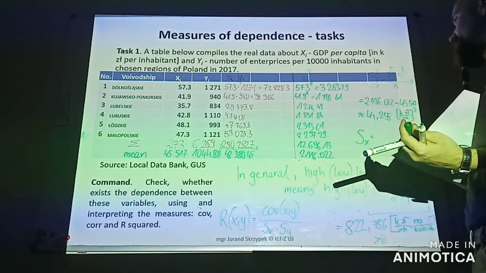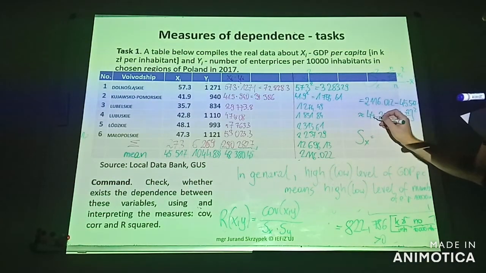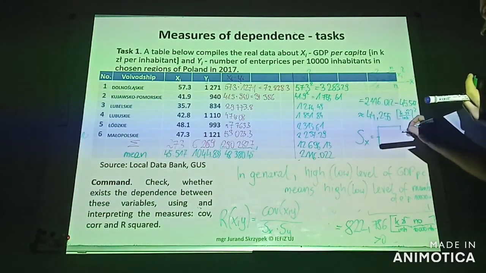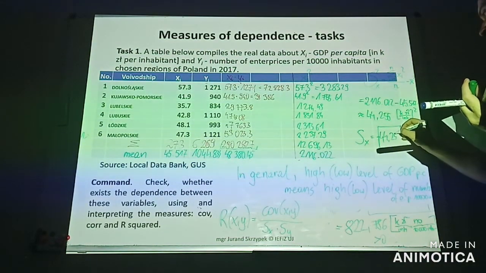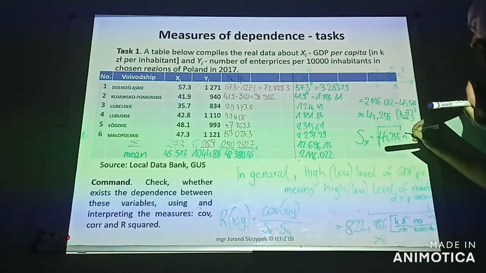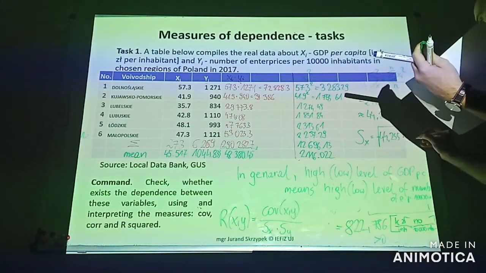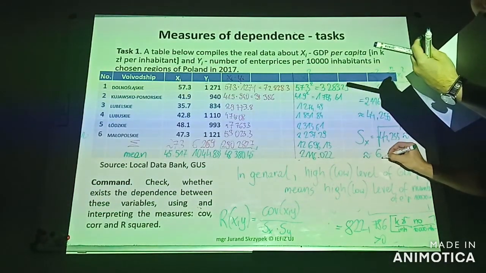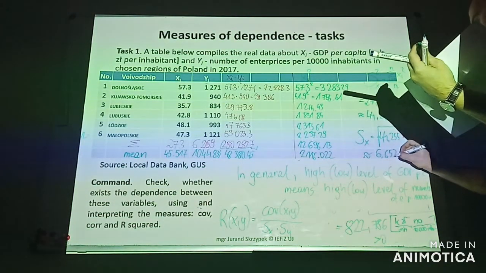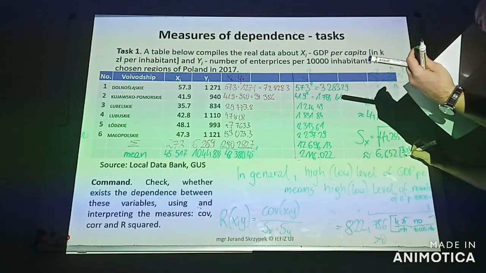finally standard deviation of GDP per capita values in chosen regions is a root of 44.255. Yeah, and here the root is around 6.652 thousand zlotys per inhabitant.